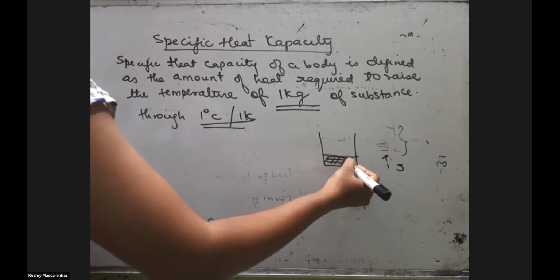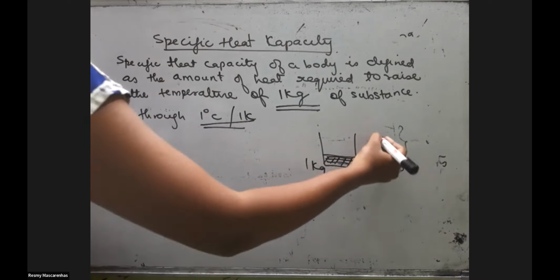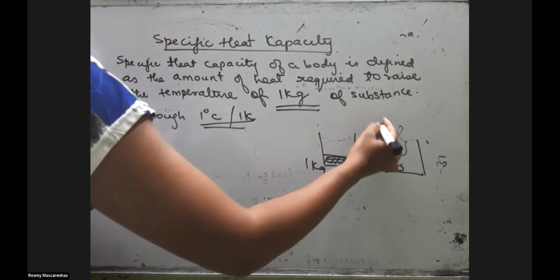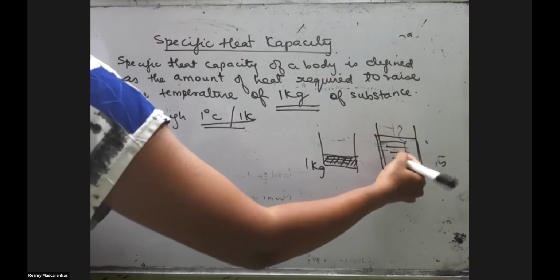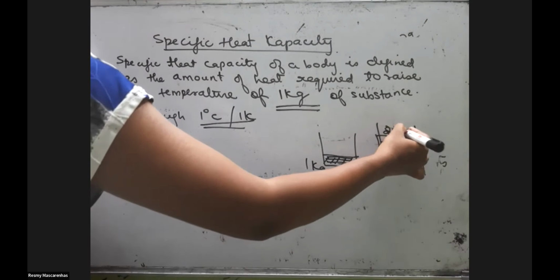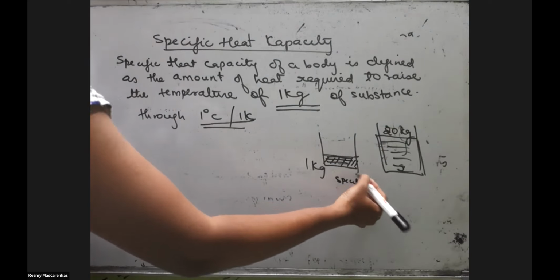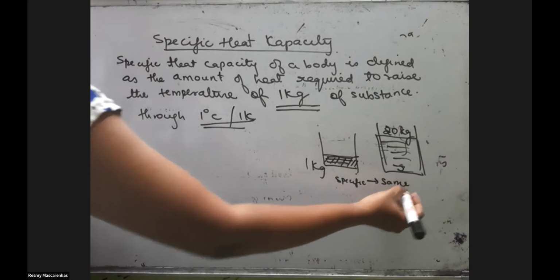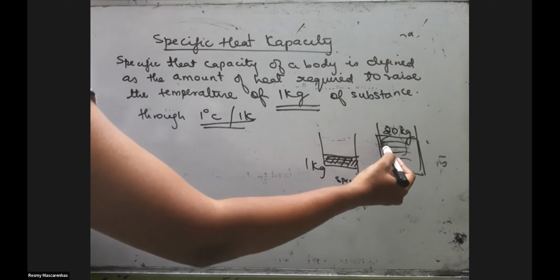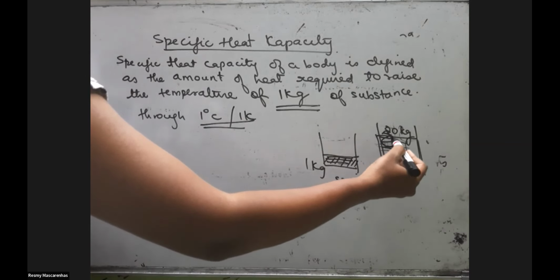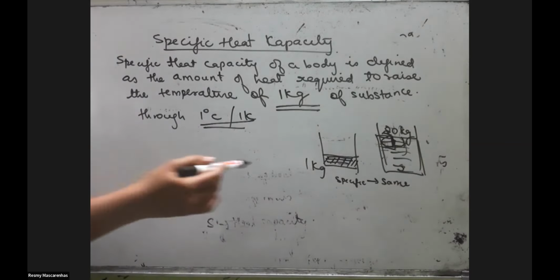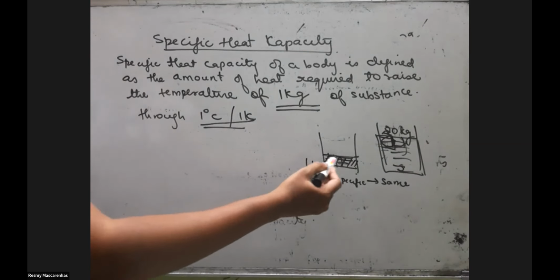If you have something that is 1 kg and something that is 20 kg, suppose the specific heat is the same at both places, because here you will also talk about how much you will need to heat 1 kg of that.